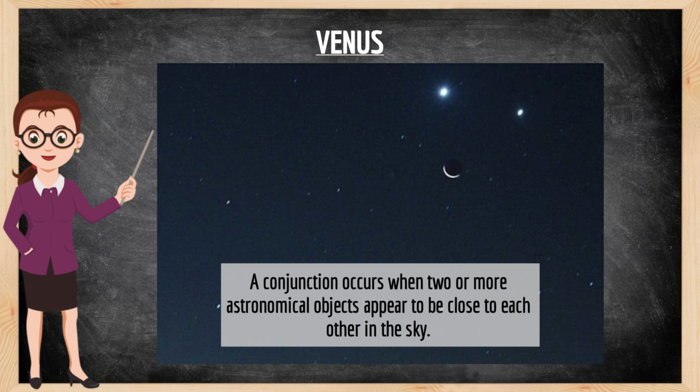So a conjunction occurs when two or more astronomical objects appear to be close to each other in the sky.